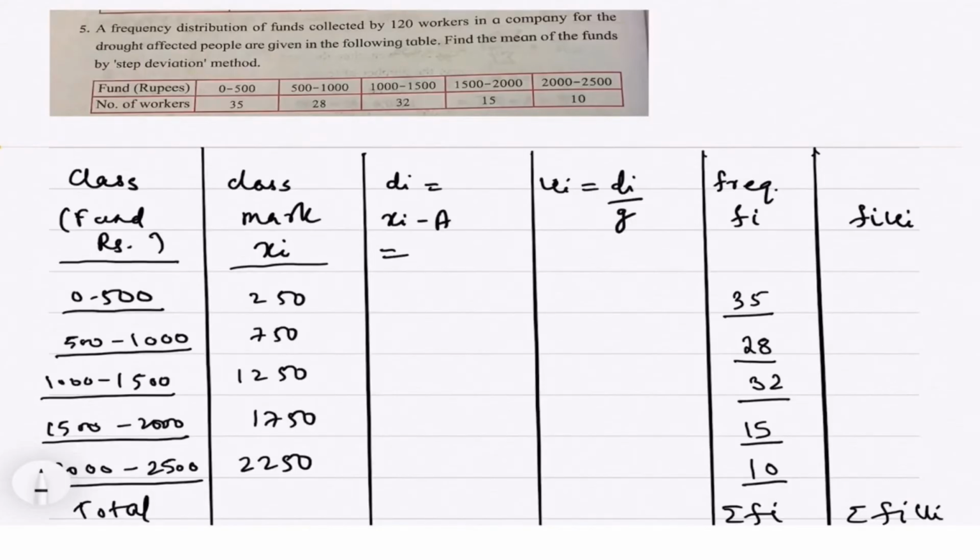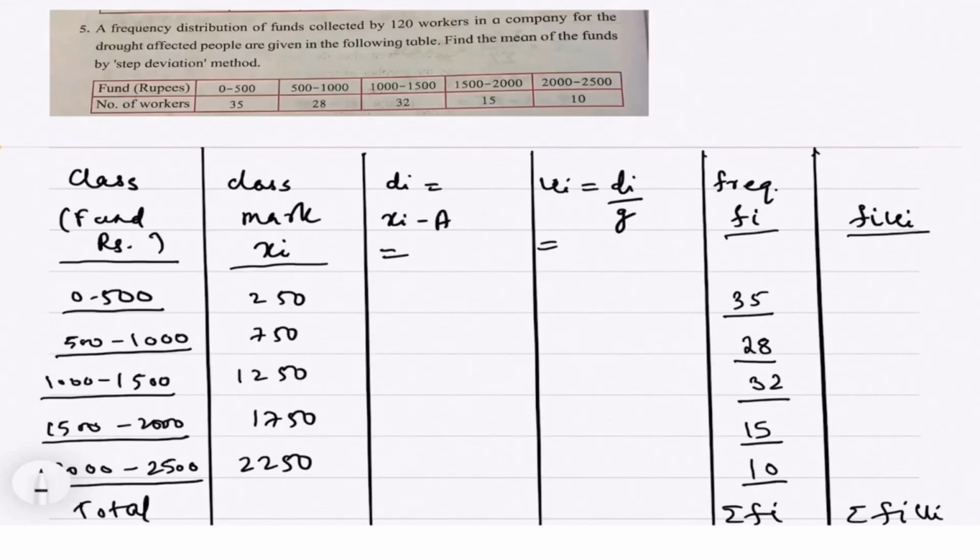The fourth column is for ui. Formula is the deviation di upon g. What is the value of g? It is the GCD, greatest common divisor, amongst all the values of di. The second last column is for frequencies, which we have already written, which is the number of workers. Last column is for fi into ui.